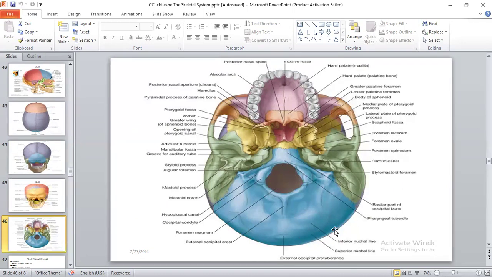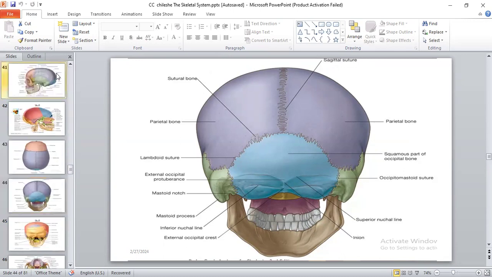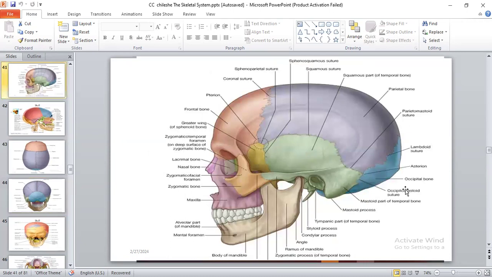It is a single bone. It is not paired. And then when you look at this same calvaria, you will notice that on the sides, you have this other bone which is in bush green.